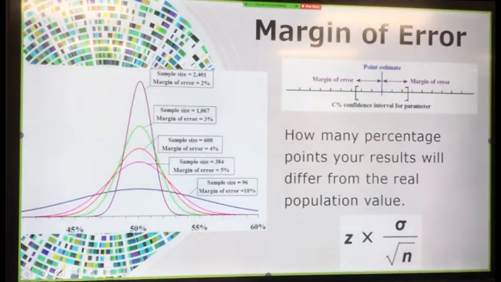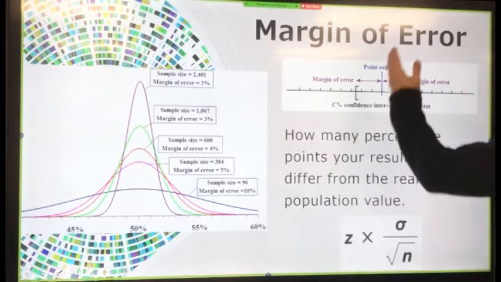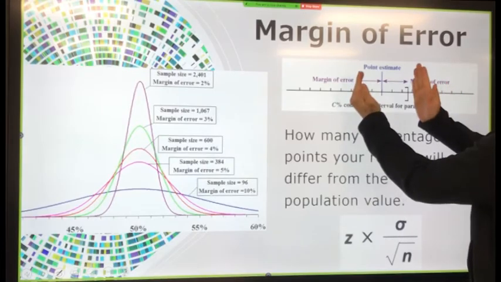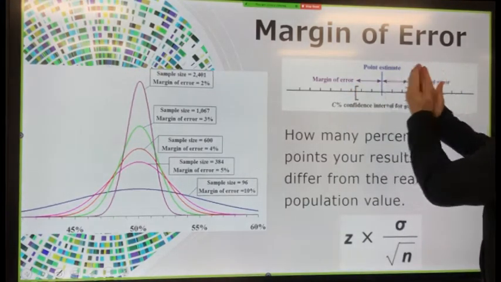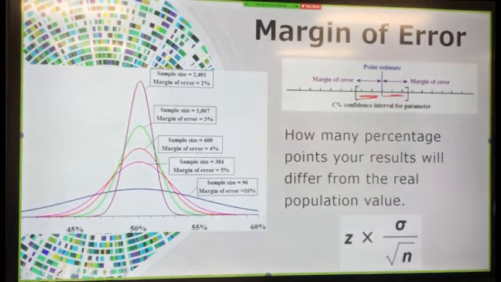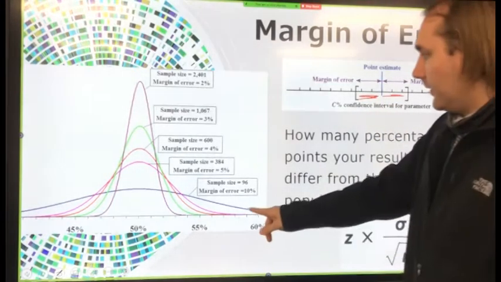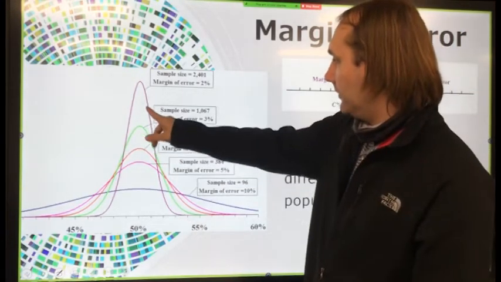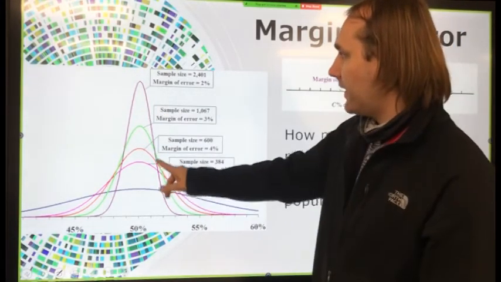Margin of error: how many percentage points your results will differ from the real population value. So notice I have an estimate. I have my confidence interval right here, and my margin of error is between these two. This is my margin of error. As my sample size increases, what happens to my margin of error?